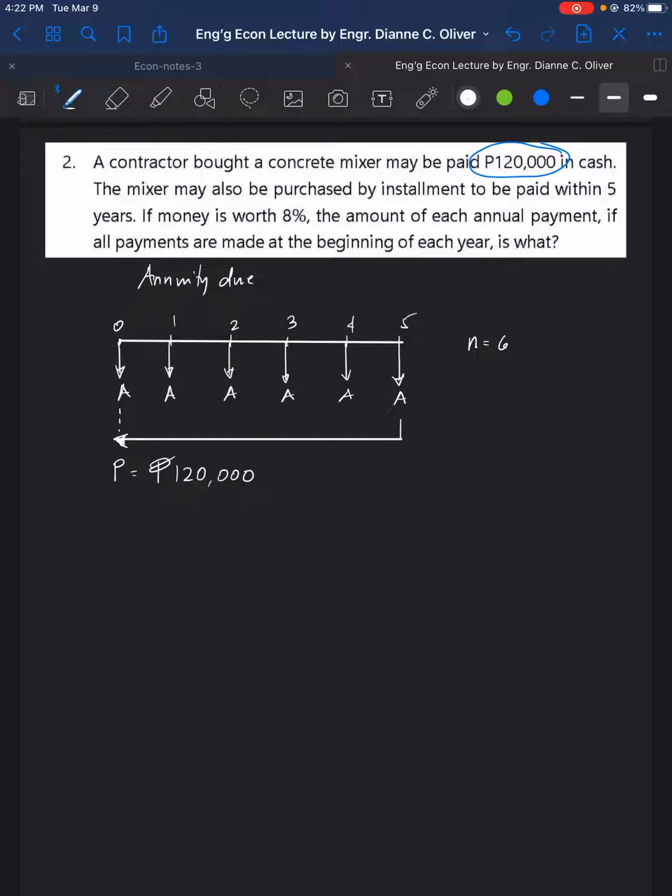Now let's solve for the formula for the present worth.